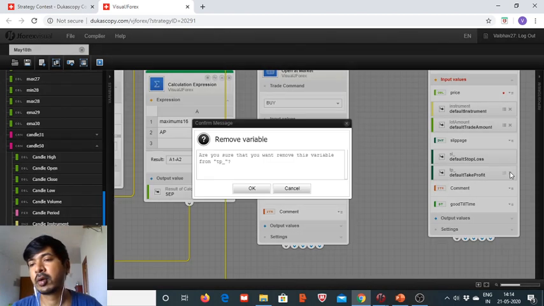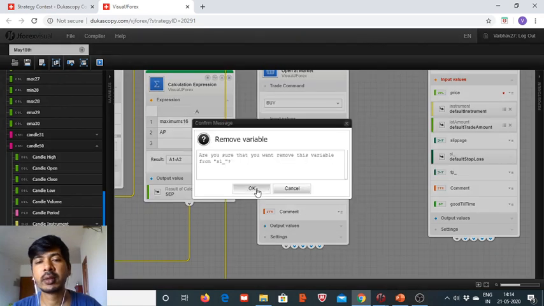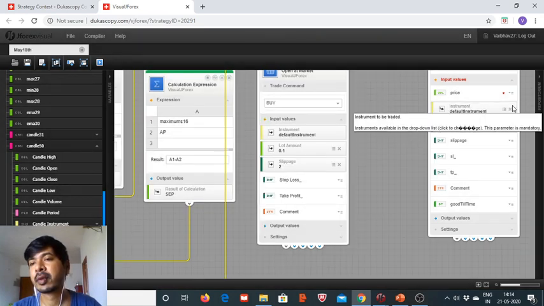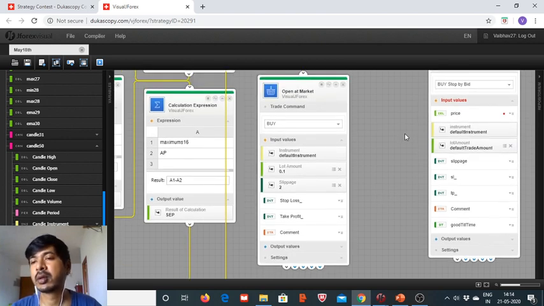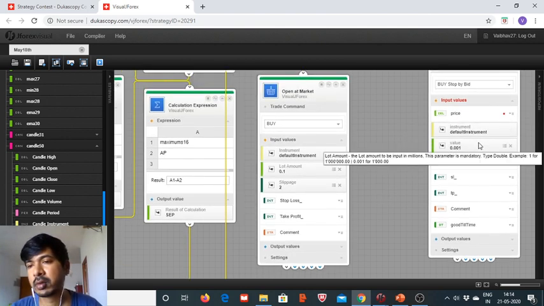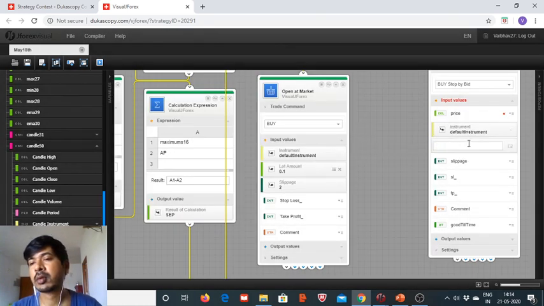So similar thing also here, we need to remove these stop losses. Okay, trade amount is to be set at 0.1 million. Slippage 2 pips is fine.